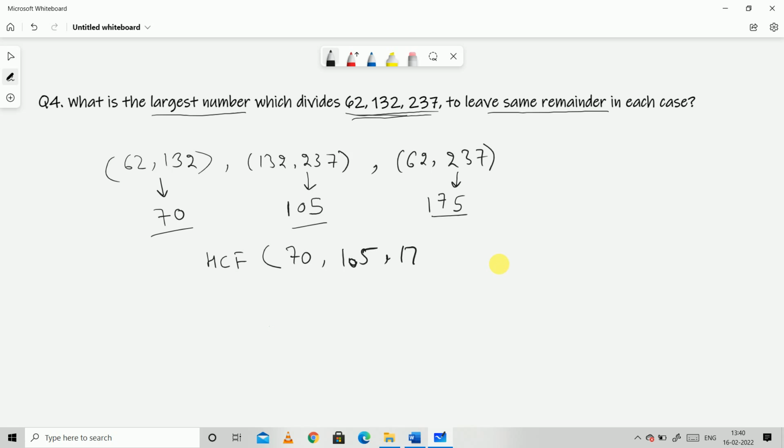and 175. We'll be using the reduction method here. First, I can see that I can divide by 5 over here. So what will we be left with? 5 times 14 is 70, so it will go 14 times.